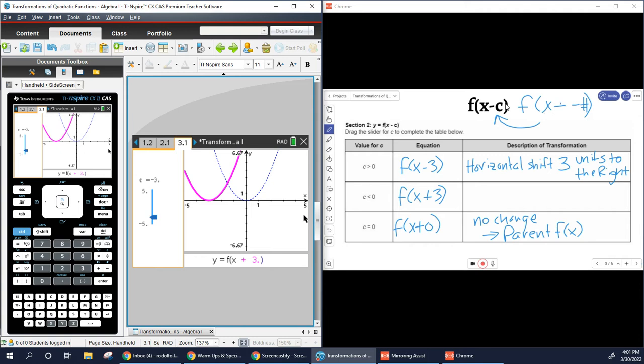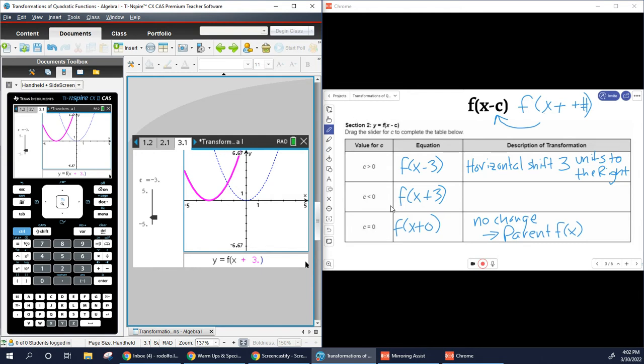This changes to positive, right? That's why subtracting a negative changes to plus. Moving it to the left, to the negative side, right? Moving it to the left, subtracting a negative changes to plus 3. And that's why we're doing the opposite behavior.